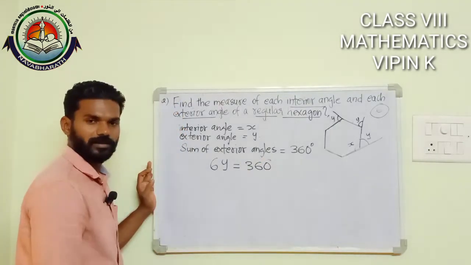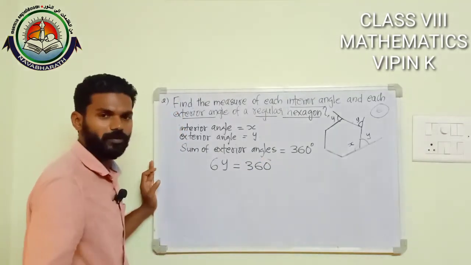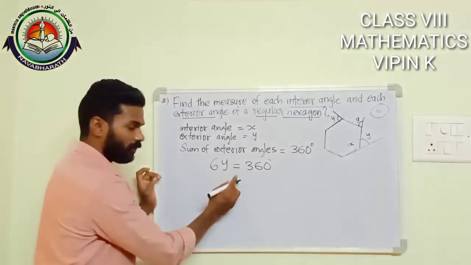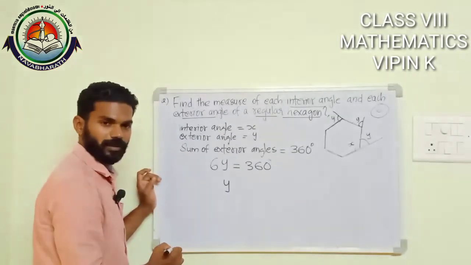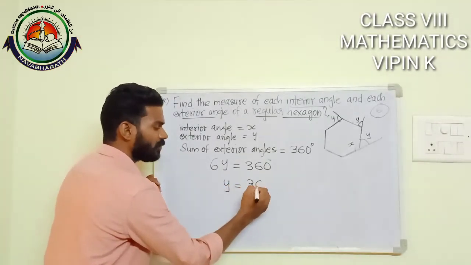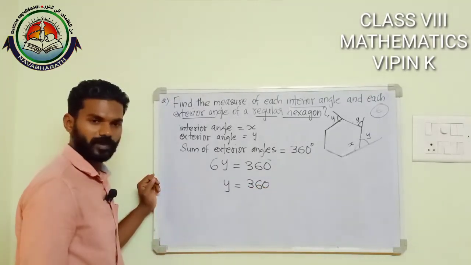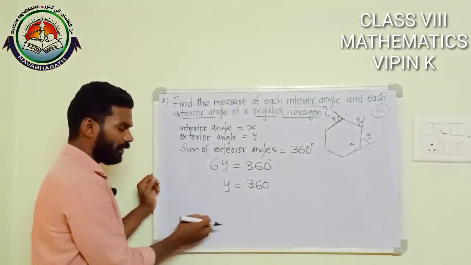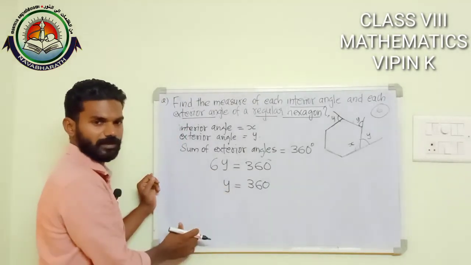Clear? To find Y, what do you want to do? Tell me. To find Y, you need to isolate this Y. So this would be Y, then equal sign, and on the right side there is 360. Now you have to carry this 6 towards here, then only this Y would be isolated. Clear?